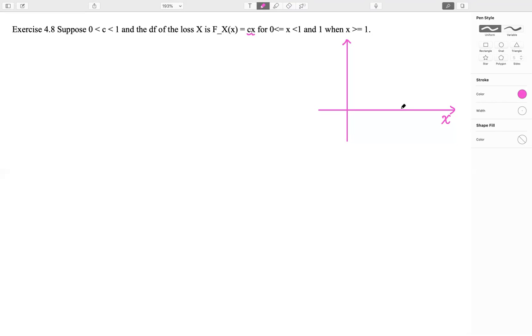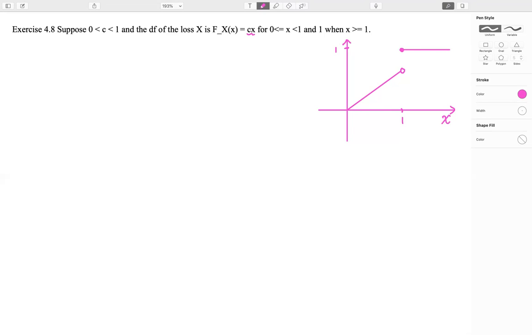So assume this is 1. The important thing is that I use a hollow circle to denote an empty point, and then eventually it will go to 1, because this is a CDF. So this is the graph, right?